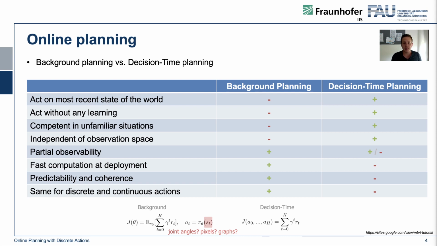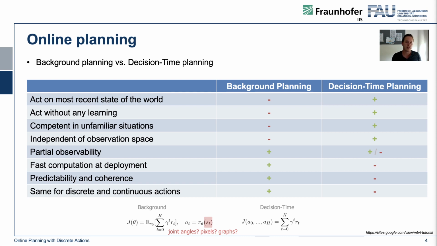In a sense, as we're not learning any policy or value function, with decision time planning we can act without learning at all. We will see that you can come up with an action plan without having learned anything yet. You can take a learned model or a learned physics model, and use it based on the current situation and a time horizon.